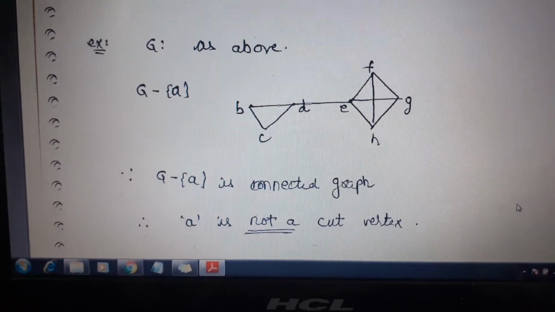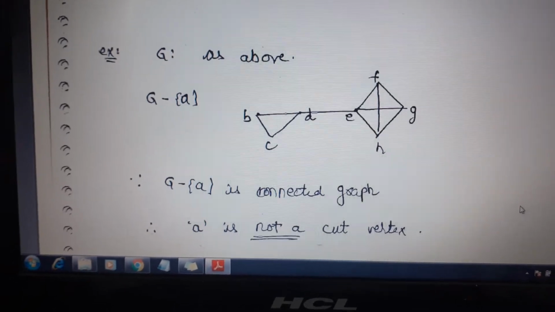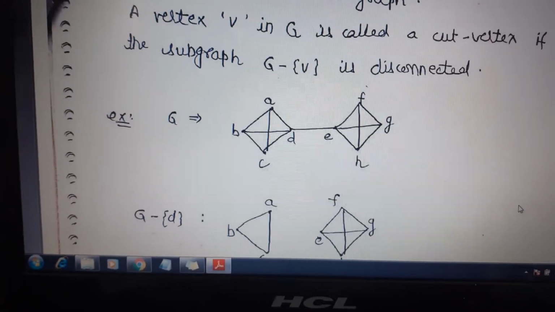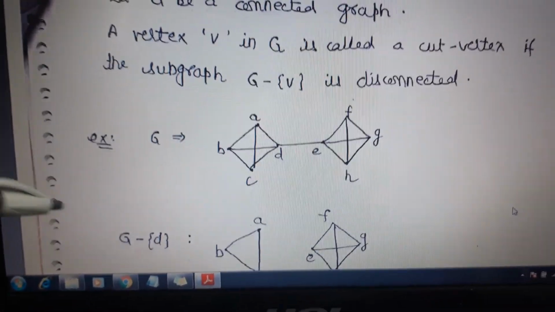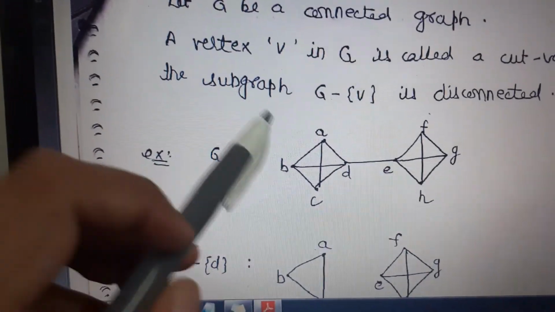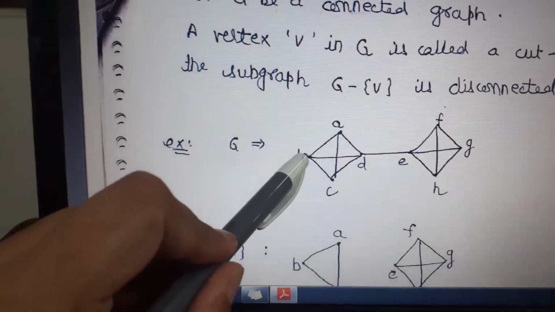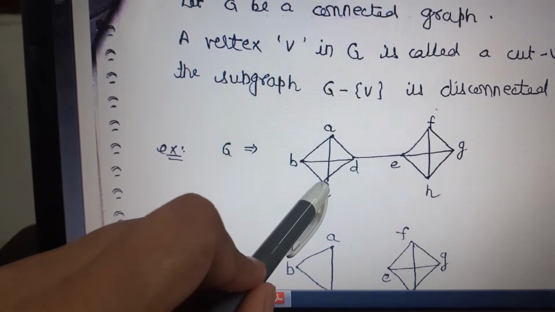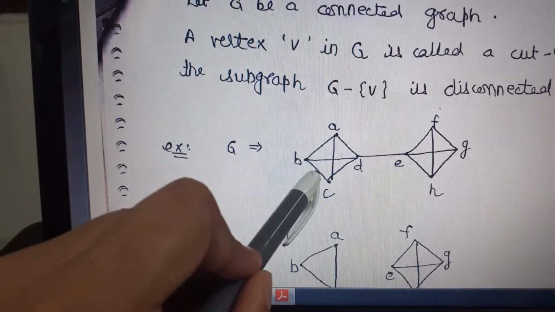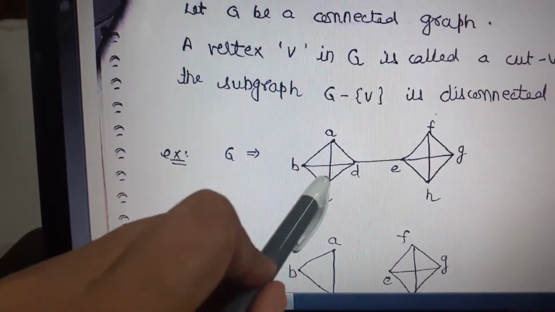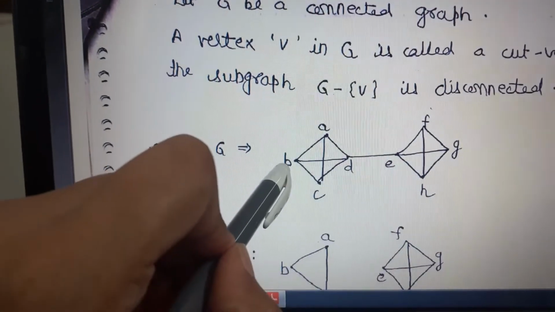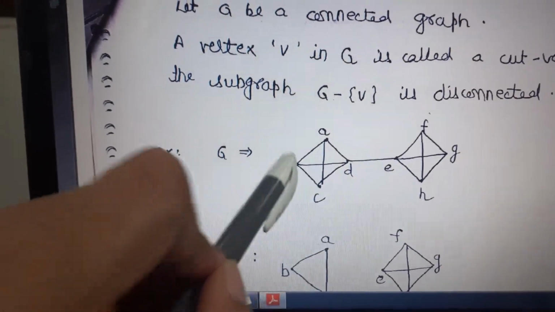So for having a cut vertex, you have to make sure that after removing that particular vertex, the graph becomes disconnected. Check another vertex. Okay, B. If I remove B, these three edges will be removed and the remaining graph will be the connected graph. Hence B is not a cut vertex.